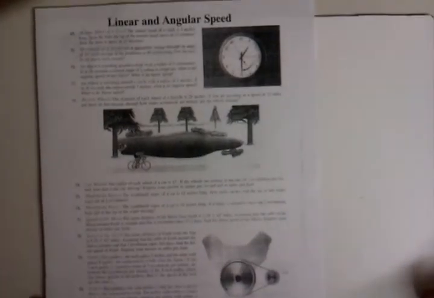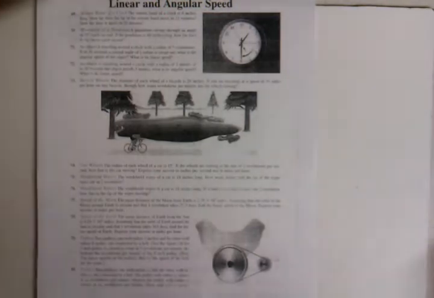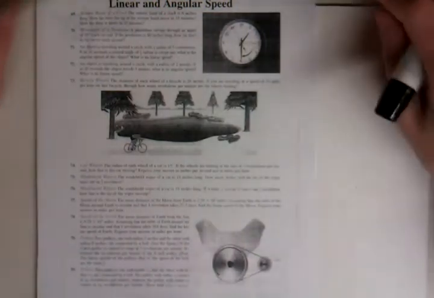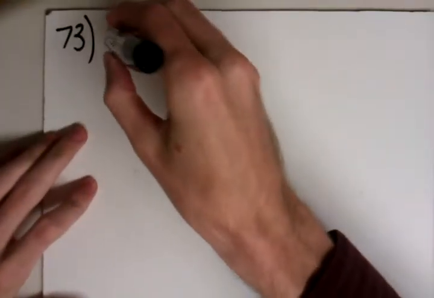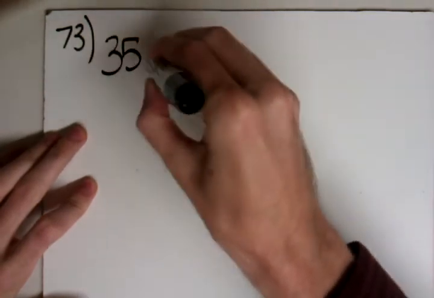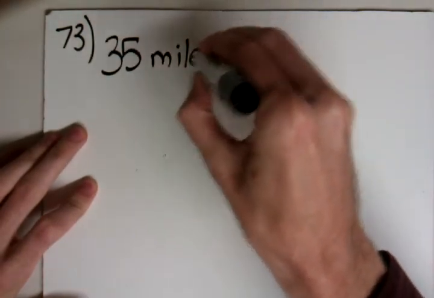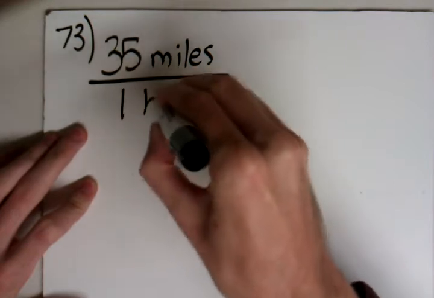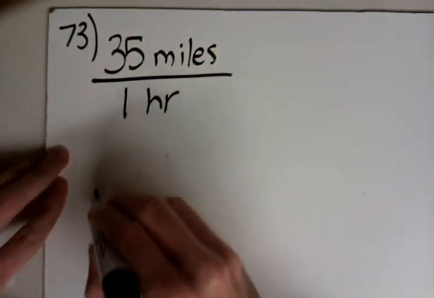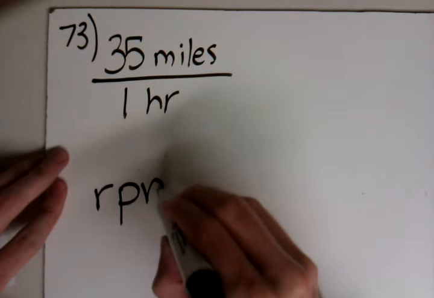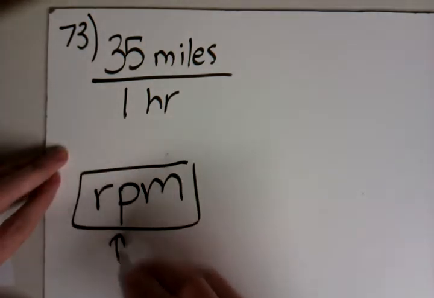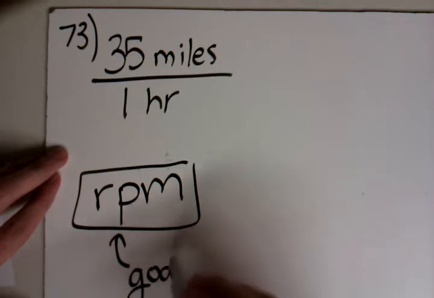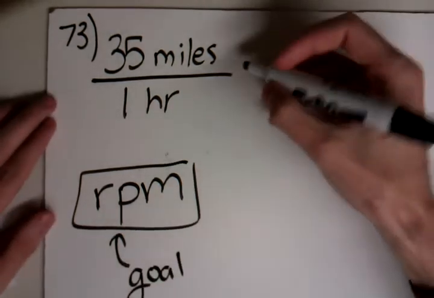If you are traveling at a speed of 35 miles an hour on this bike, through how many revolutions per minute are the wheels turning? So we know that we're starting out with 35 miles per 1 hour, and our goal is to get this into revolutions per minute. It's nice to have an idea of where you're headed with the problem.